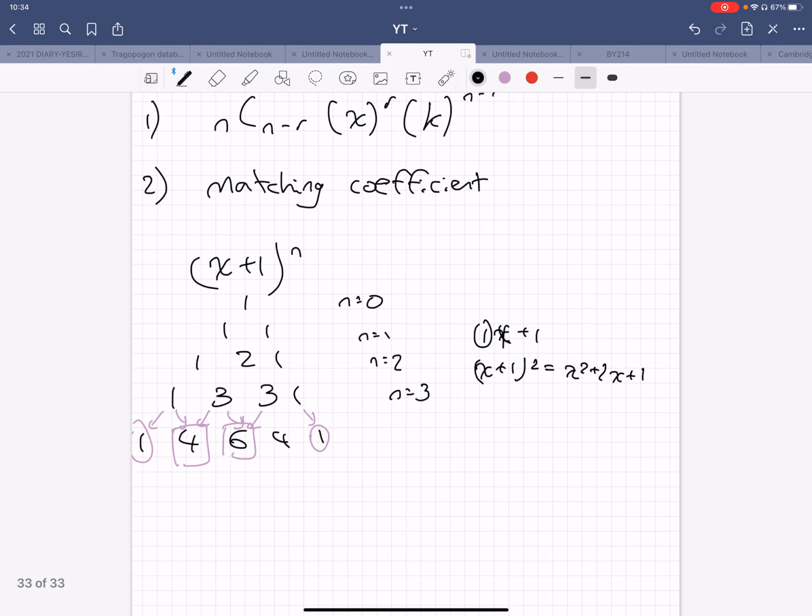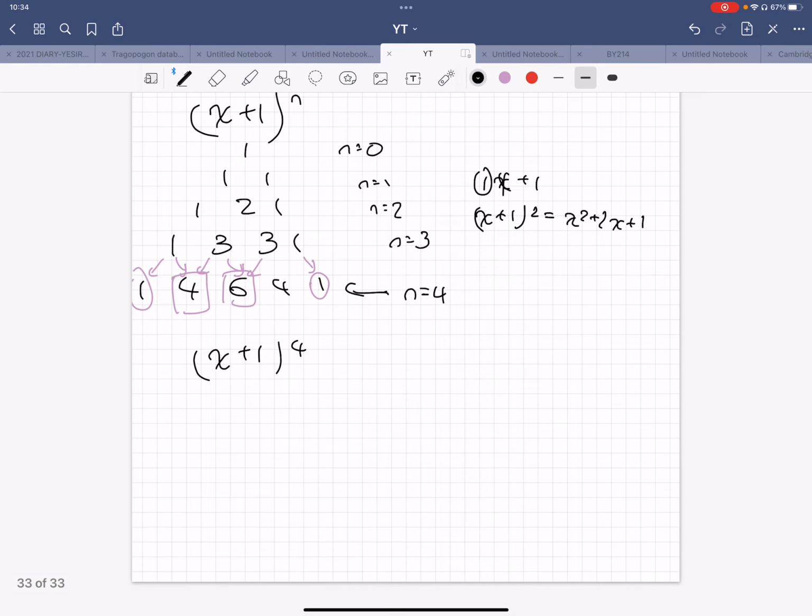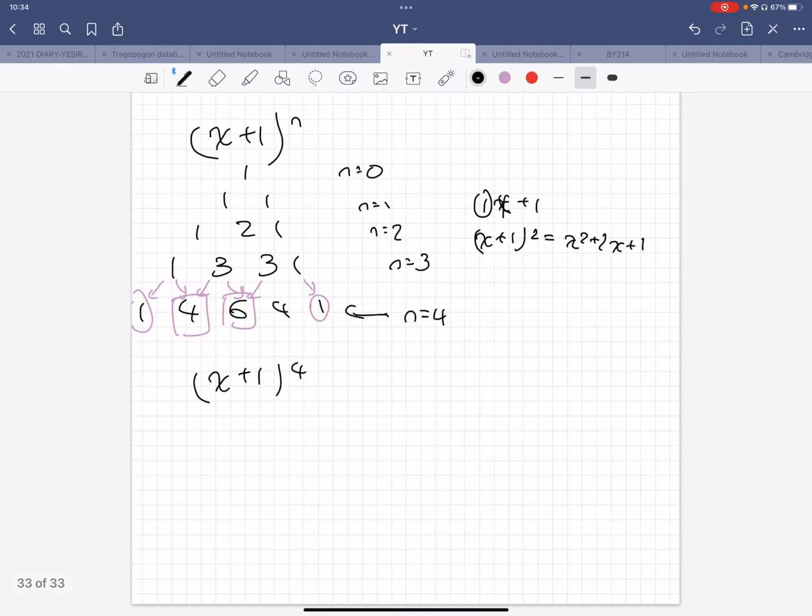So what we do instead is use the binomial theorem. Let's say we do x plus 1 to the 4th power. Then that would be this row, because this is n equals 4. Instead, we can use a combination. Let's say I don't want all of these terms, because you'll never need all of them.